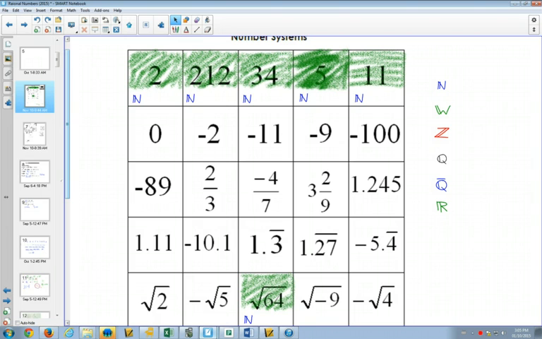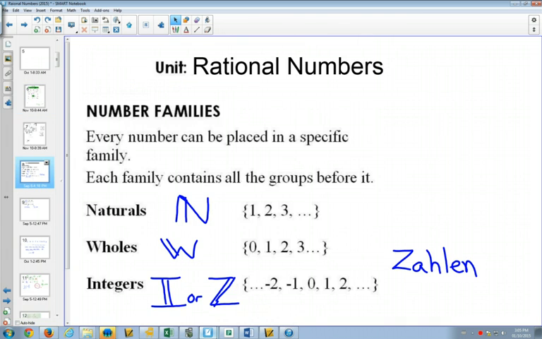Now, if we look at our description, all of our natural numbers are also whole numbers. What's different between natural numbers and whole numbers is now we include 0. So pick a different color.